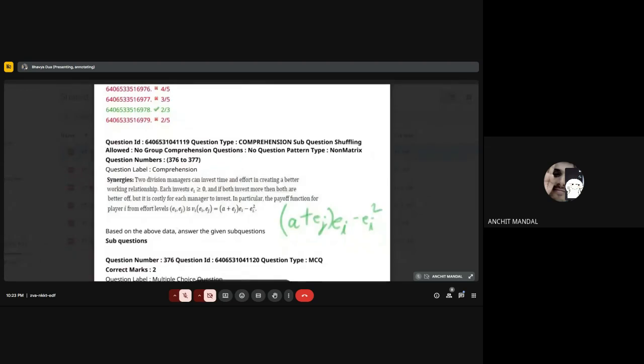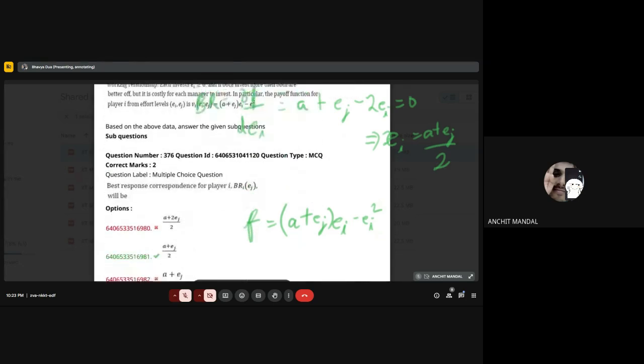This is the payoff. So now, if I have to find the best response, I will differentiate with respect to e_i, which will give me a plus e_j minus 2 e_i.